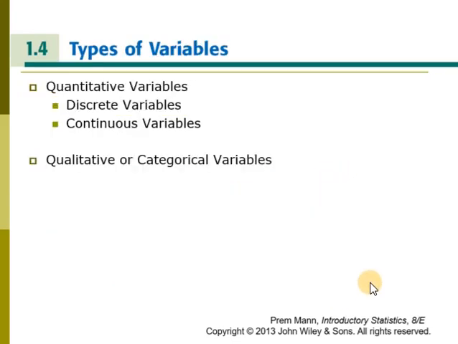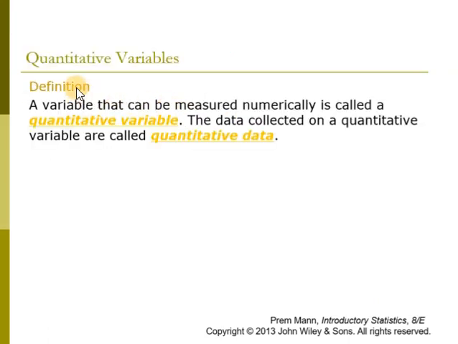A variable can be divided into quantitative and qualitative. The qualitative is also known as categorical variable. In quantitative, we have discrete and continuous variables. The definition for quantitative variables: it is a variable that can be measured numerically. So it is called a quantitative variable, quantity, so numerical. The data collected on a quantitative variable are called quantitative data.